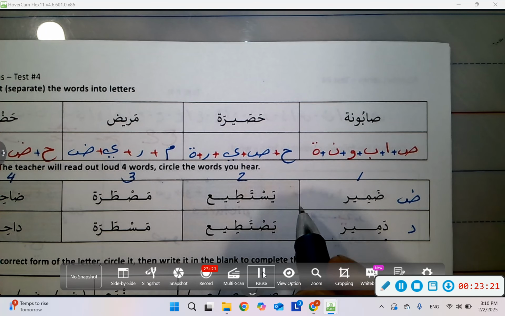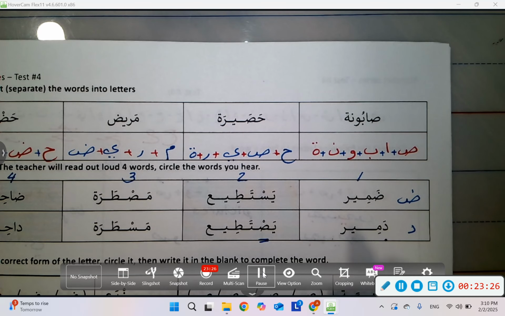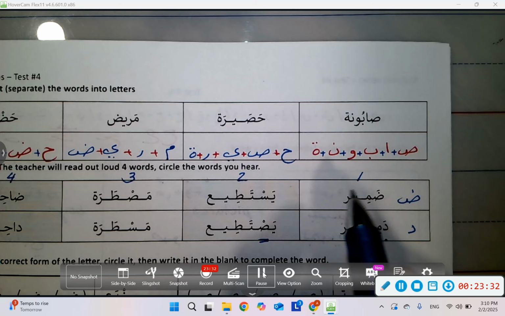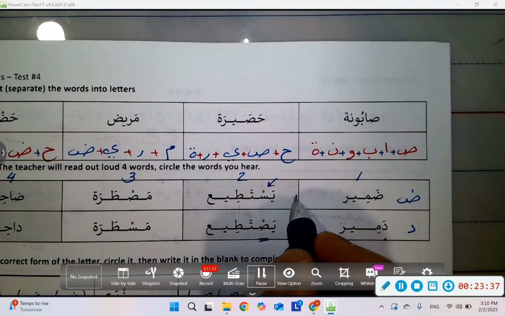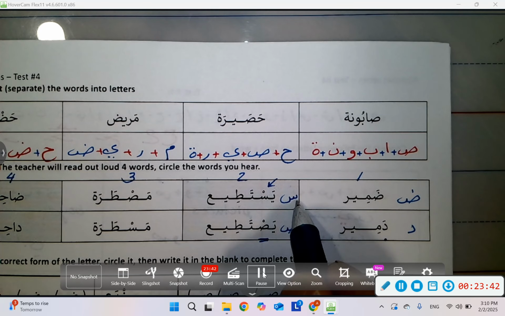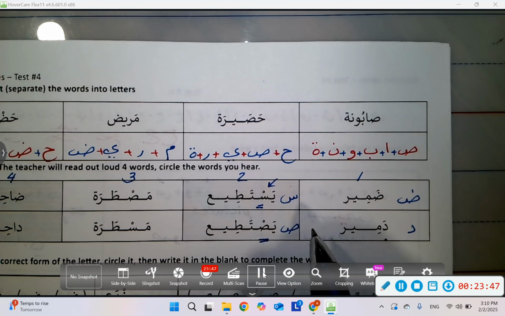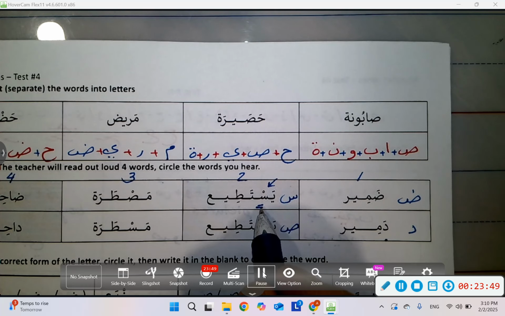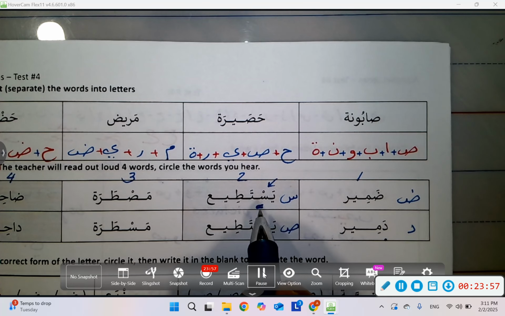يستطيع. Now, when you hear يستطيع, you hear sad. But this is one of the cases where the word has seen in it. Seen, not sad. Sad is a heavy seen. And this seen sometimes is pronounced very heavy. So it sounds like sa, but it's written with seen.